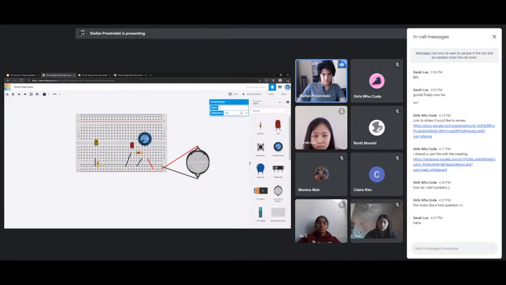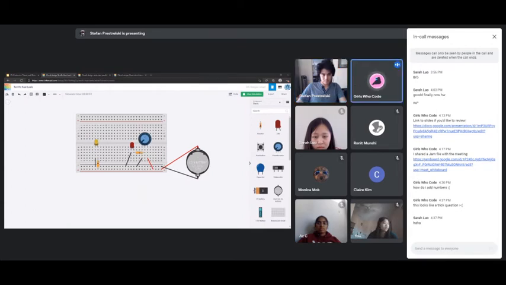If I stop it, I can also lower the resistance to about 20. We can get a brighter LED, in theory. Just ramp up the resistance, actually. There we go. Now we have an adjustable light brightness.